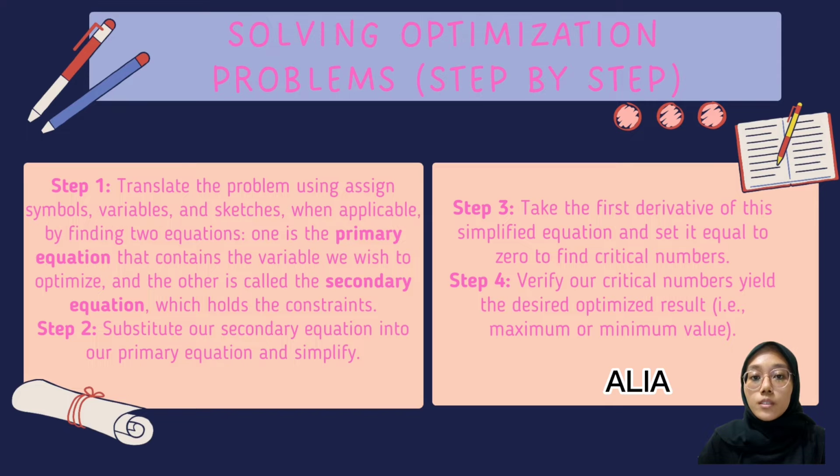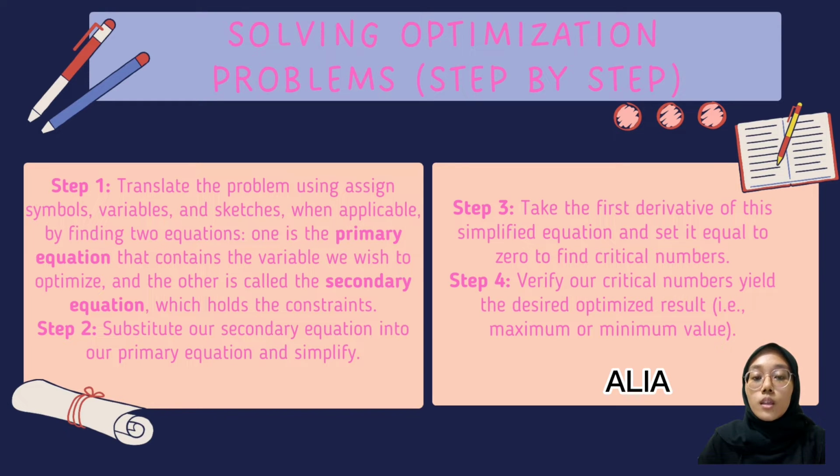The first step is translating the problem using assigned symbols, variables and sketches when applicable, by finding 2 equations. One is the primary equation that contains the variable we wish to optimize, and the other is called the secondary equation, which holds the constraints. Second, substitute our secondary equation into our primary equation and simplify.